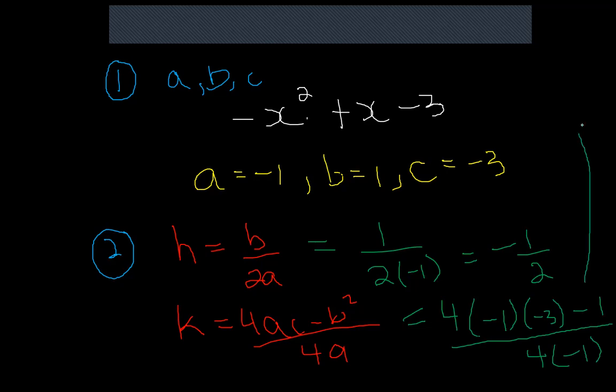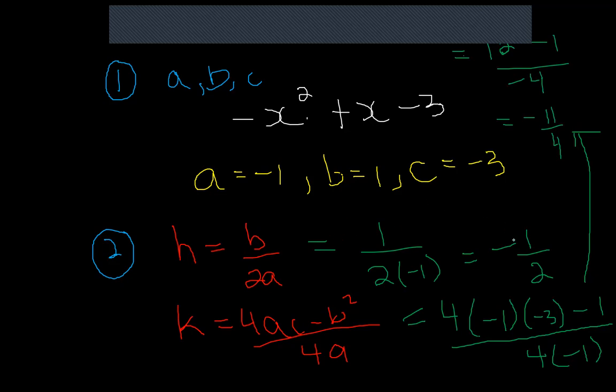So 4 times minus 1, that's minus 4. And then minus 4 times minus 3, that will give me 12, right? Because a minus and a minus is going to give me plus. Minus 1 divided by 4 times minus 1 is minus 4. Therefore, my value of k is minus 11 over 4.